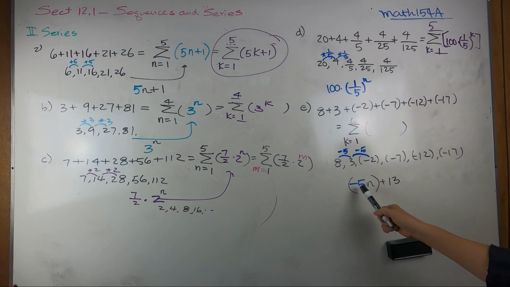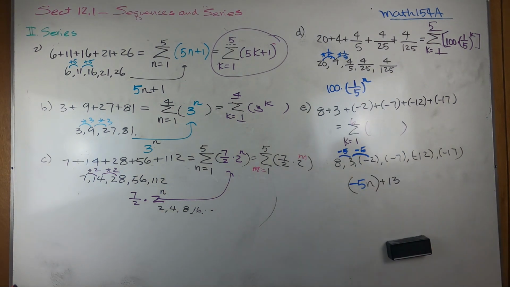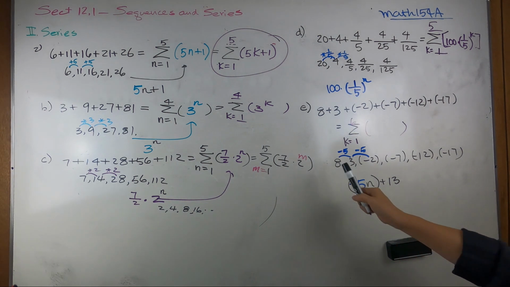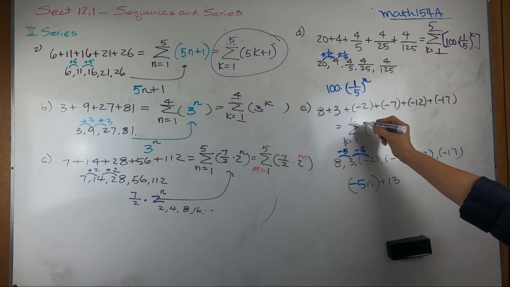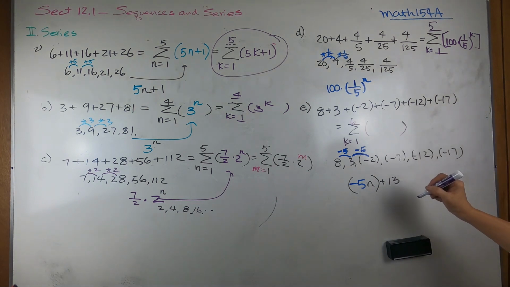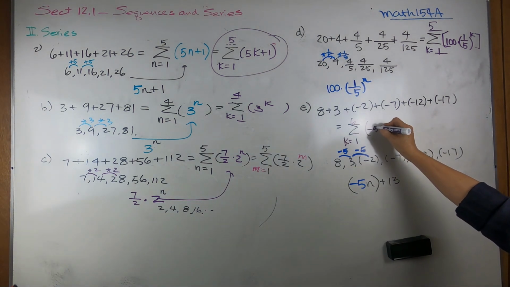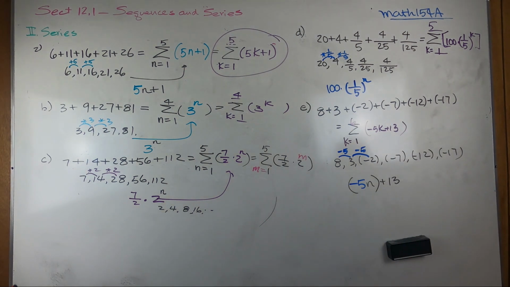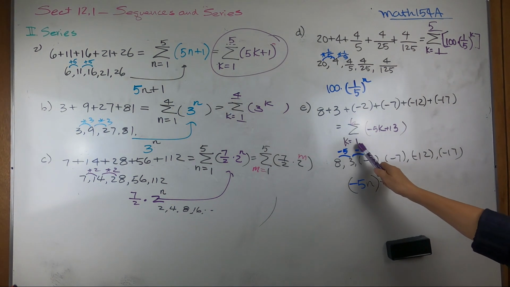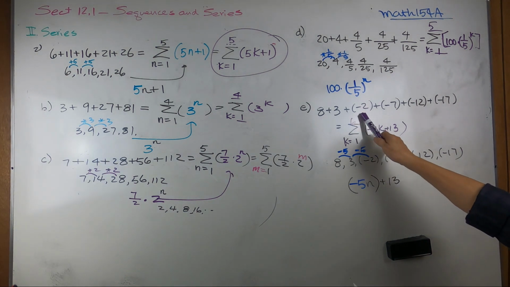So you need to write the negative 5n, multiplying by negative 5, then plus 13 to fit in the first number. So how do we write the sigma notation for this one? That would be negative 5k plus 13. That's the general pattern for k from 1 to 6.